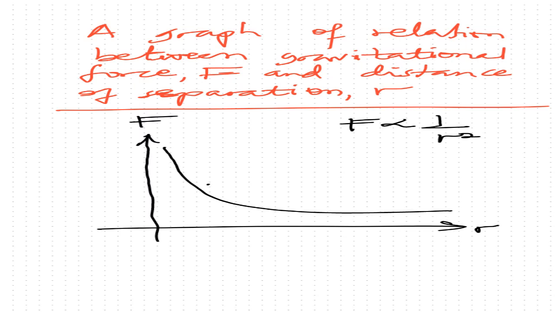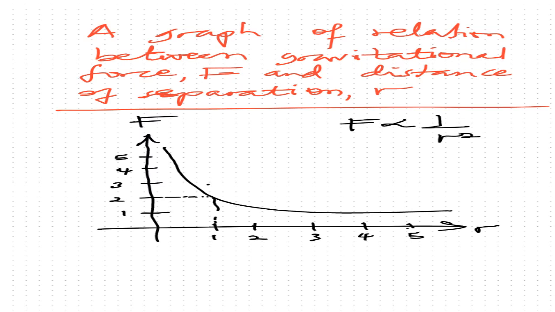Let's say you have here 1, 2, 3, 4, 5. Here 1, 2, 3, 4, 5. Let's look at something here. When our R is 1, what will happen to F? F is around 2, isn't it?